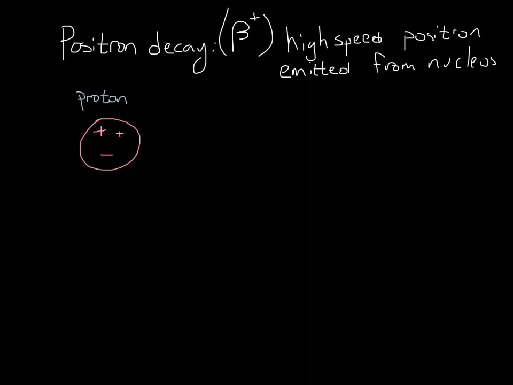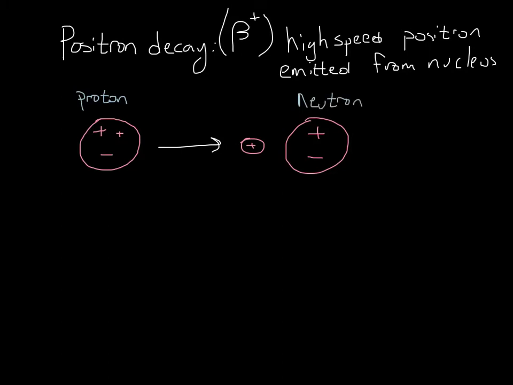So let's say that this proton gets rid of one of those positive chunks. It'll shoot off a little particle that has a positive charge, and what will be left is the same massive object that was there before with a single positive and a single negative. Now if we have a large particle that has a positive and a negative that cancel each other out, what would that particle be? Yeah, it would end up being a neutron.